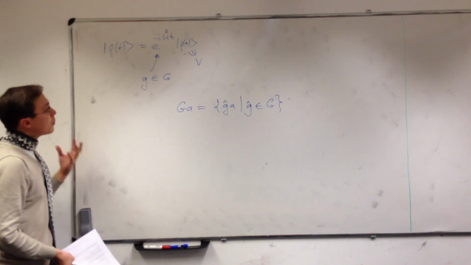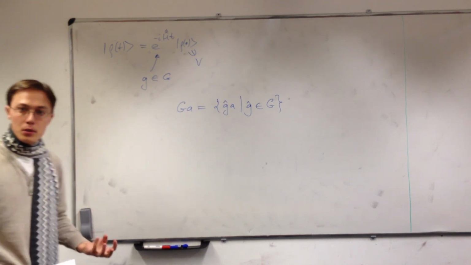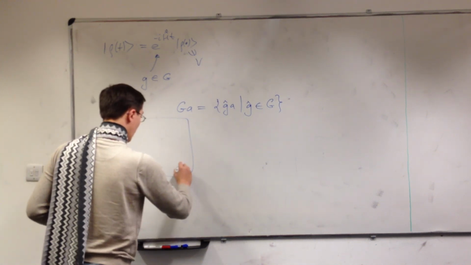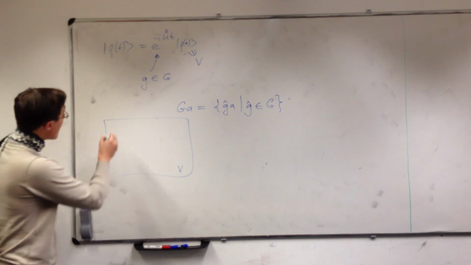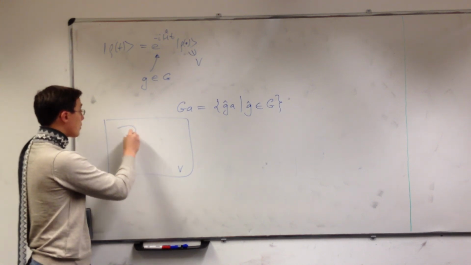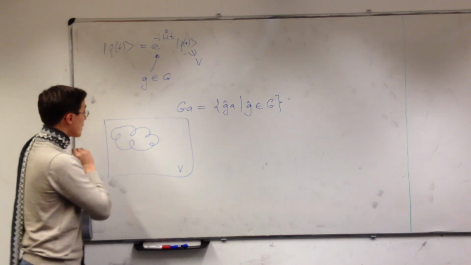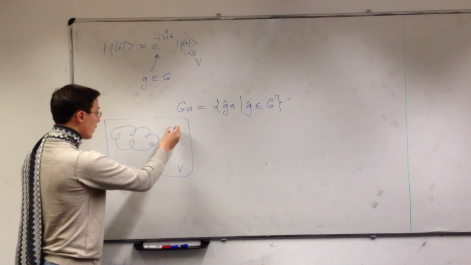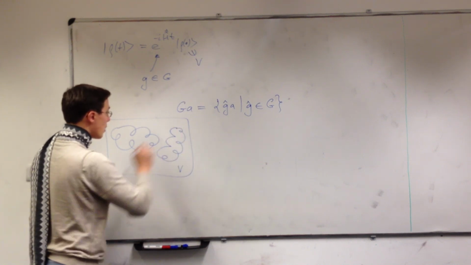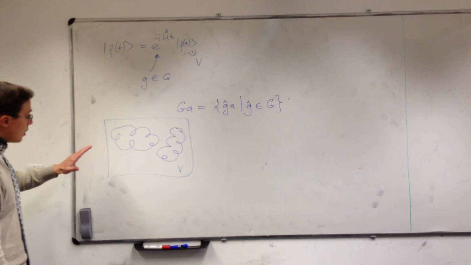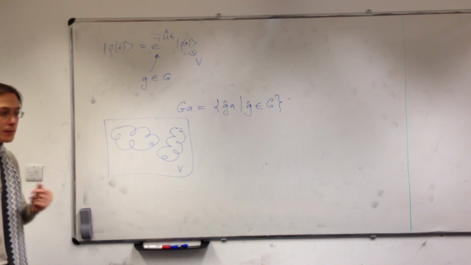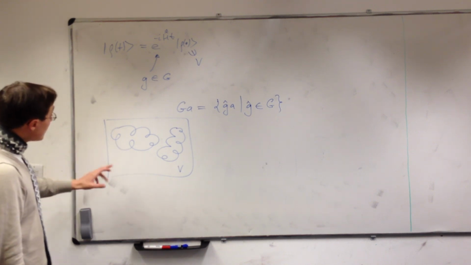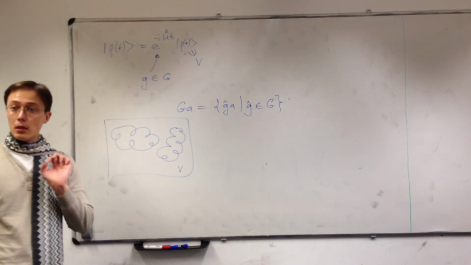The reason why orbits are important is they actually partition the state space. So if we have a state space V in which our system can potentially live, and we start from a particular point and there is an orbit that somehow loops the system around the space, and if we start from another point and it loops the system around the space somehow, then it is a proven fact, and again I will not give you the proof, I'll just send you back to the literature on the theory of groups, that these orbits never have anything in common.